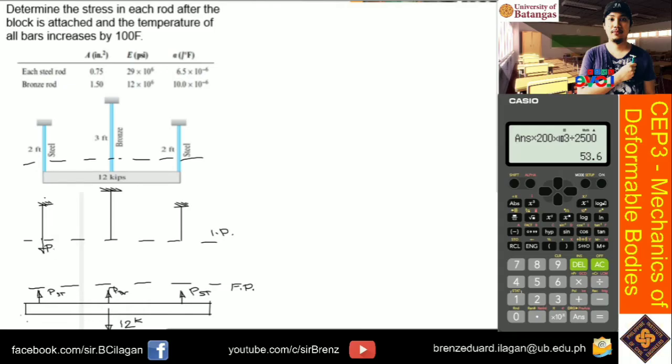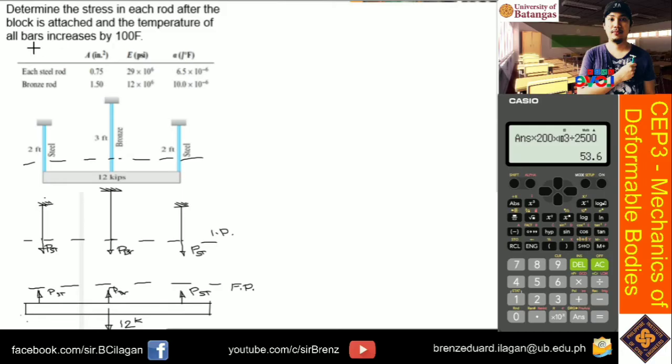So this is your P steel, and then this is your P bronze, then this is your P steel. Okay, so because of this axial load P, magkakaroon siya ng axial deformation.